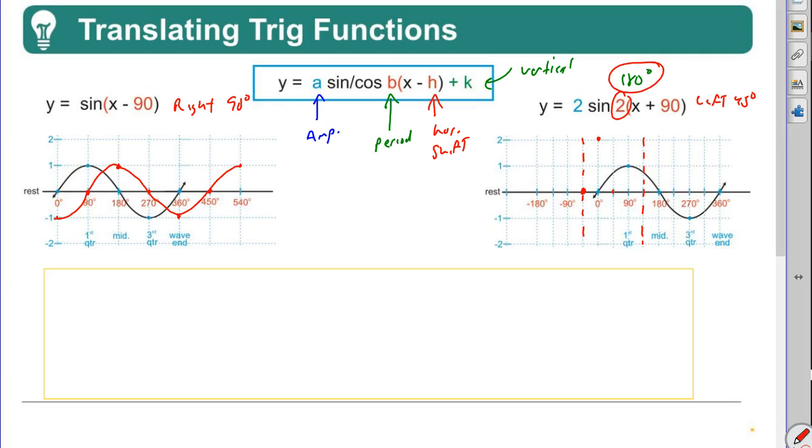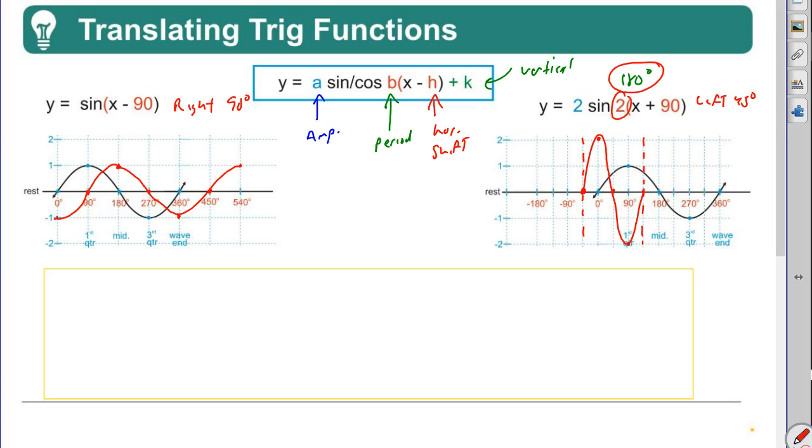It goes back to rest halfway. It goes down to a min, now negative 2, and goes back up to rest. And here's that sine wave right there. And if I was told to do it for another period of 180, I'd just repeat that pattern.